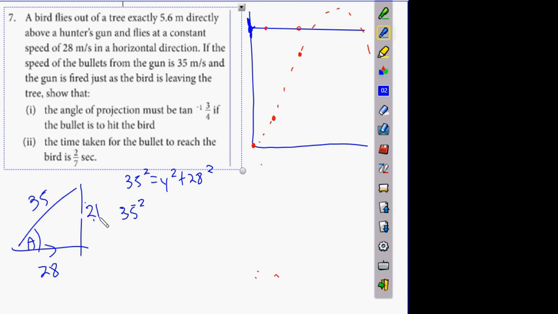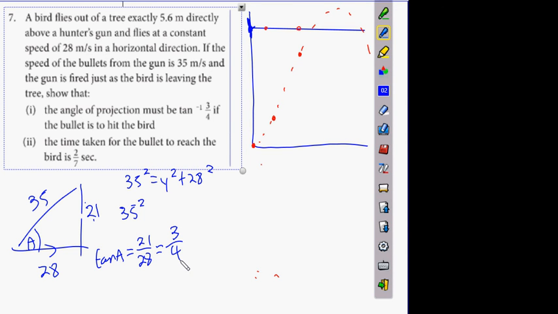So by doing Pythagoras' theorem, it turns out to be 21. Now, tan A is opposite over adjacent, which is 21 over 28. And when you divide them both by 7, it's 3 over 4. You happy enough with that? 3 over 4.